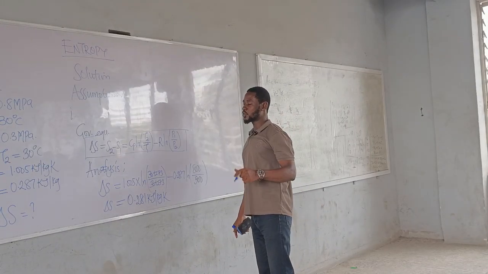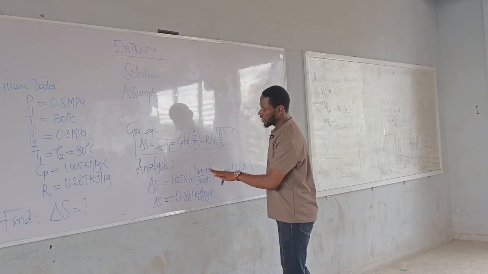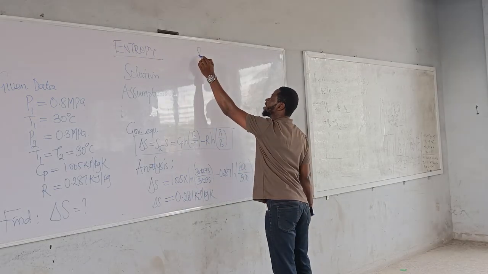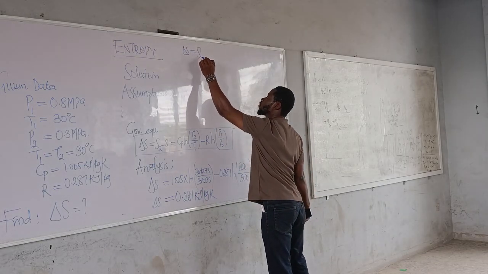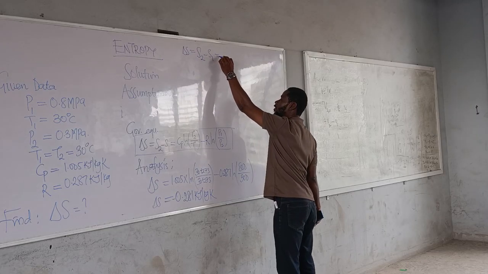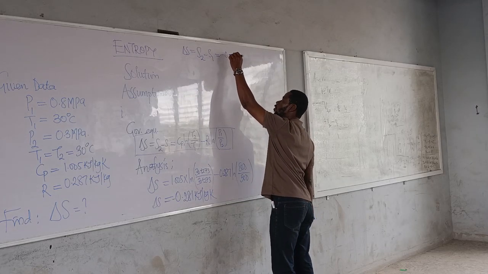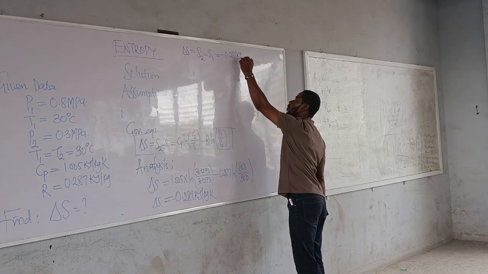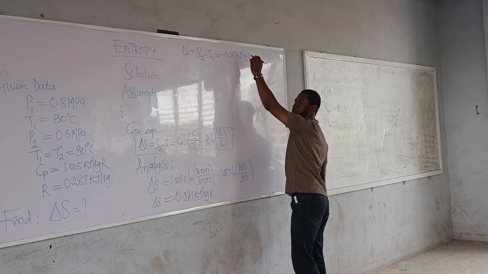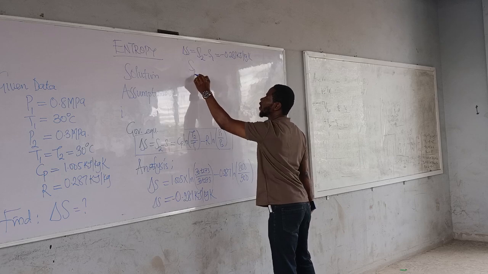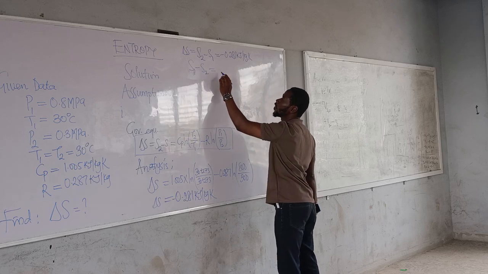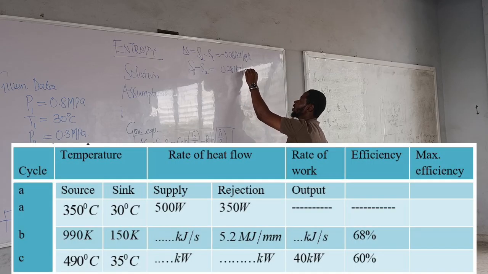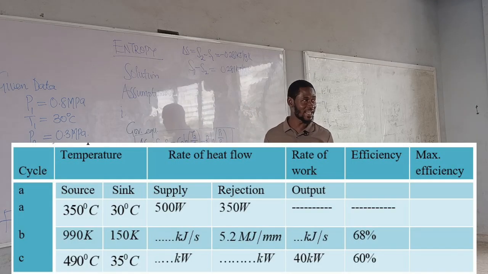The value for entropy change in the given calculation is negative, as change in S equals S2 minus S1 equals minus 0.281 kilojoule per kilogram Kelvin. Therefore, S1 minus S2 equals 0.281 kilojoule per kilogram Kelvin. Do you understand now?